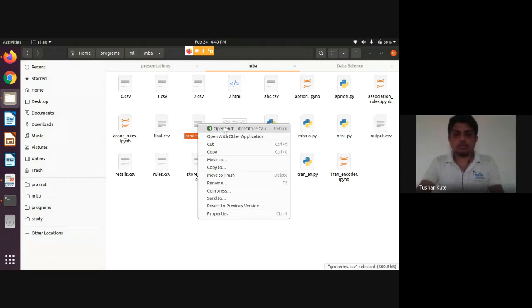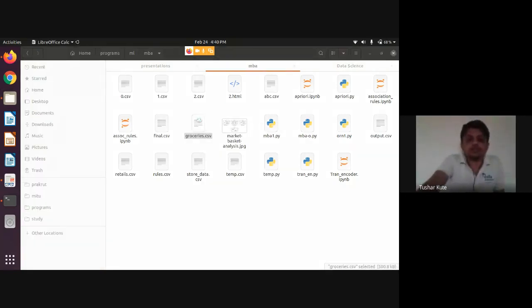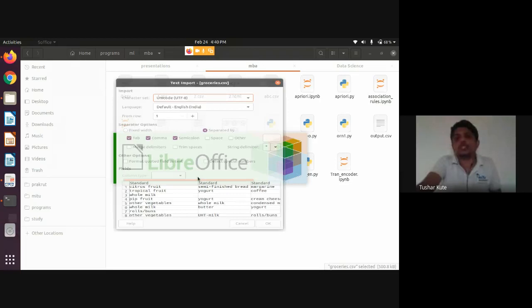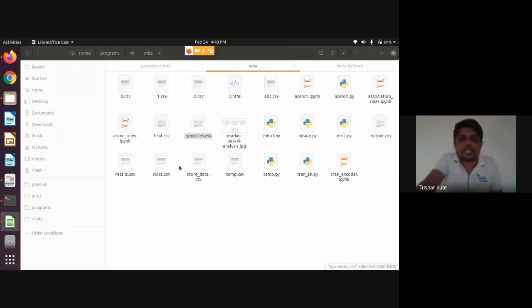Check this out. For example, I'm having a data set something like this. It contains the information about the groceries purchased by different customers, and all these transactions are saved in a CSV file. It's very difficult to actually open this CSV file here.